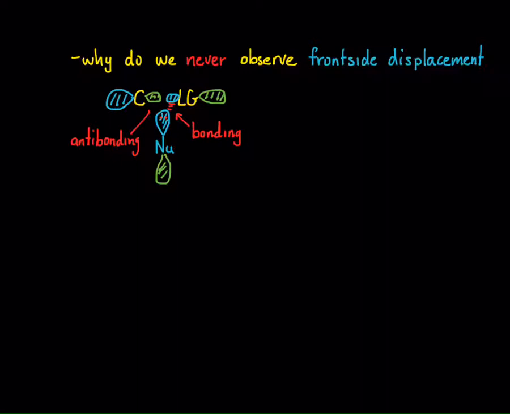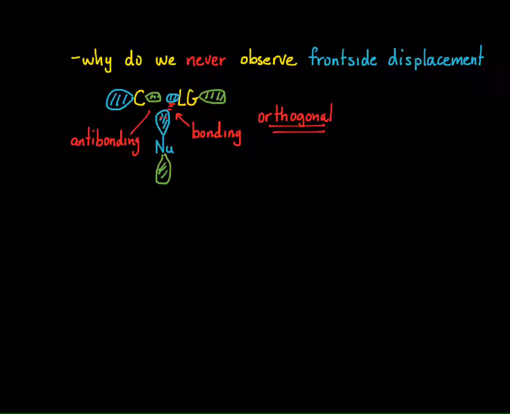And if you remember from the very first time that we talked about molecular orbital theory and the geometry of how orbitals overlap one another, when you have a scenario like this, it is called orthogonal bonding, which doesn't exist. You can't create a bond when two orbitals approach one another and they are orthogonal to one another. And that's why we never see front side displacement.